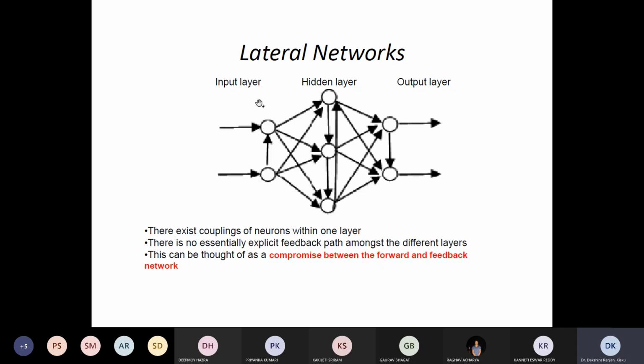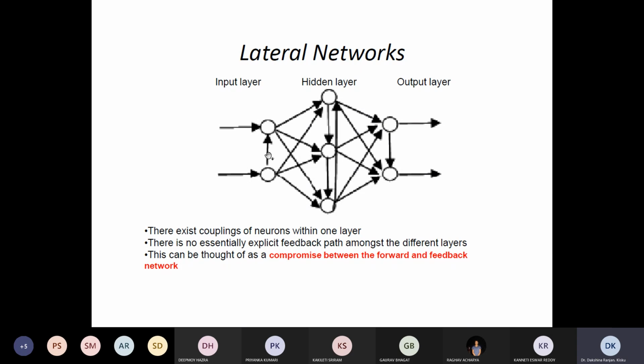If you see here, input layer, hidden layer, output layer, in the input layer there is a connection between the neurons. There are two neurons in the input layer, and there is a directed connection between these two neurons, from neuron 2 to neuron 1.